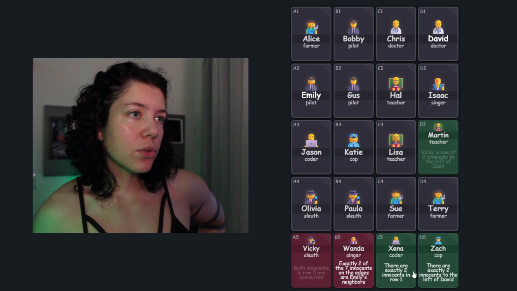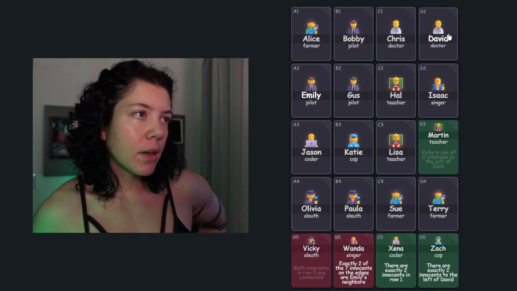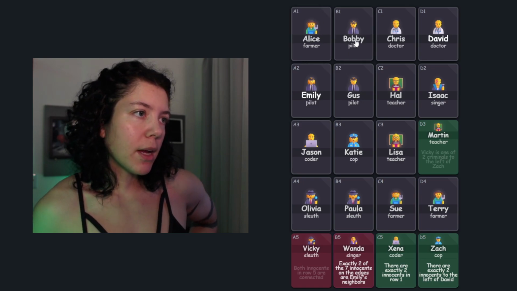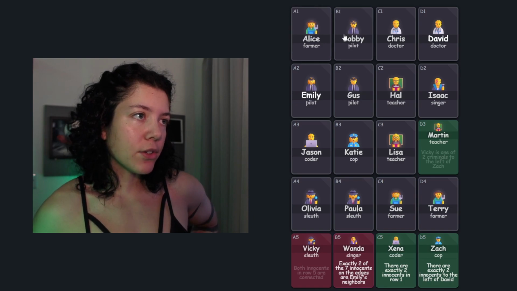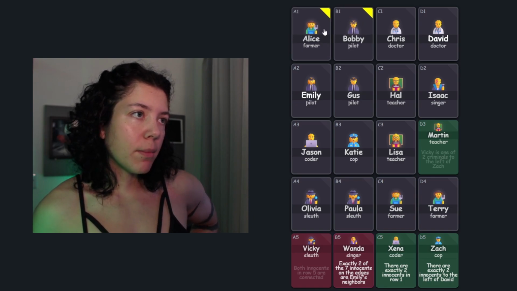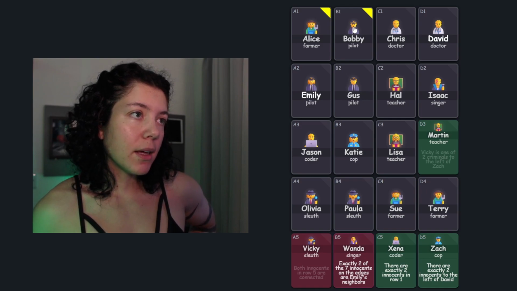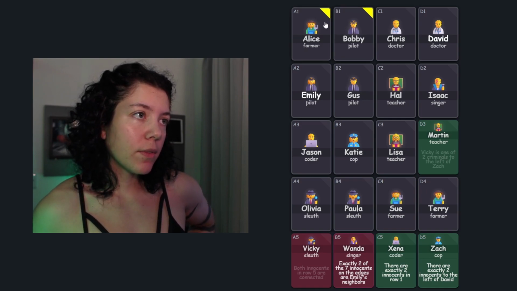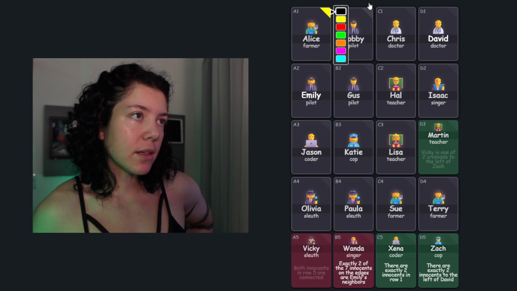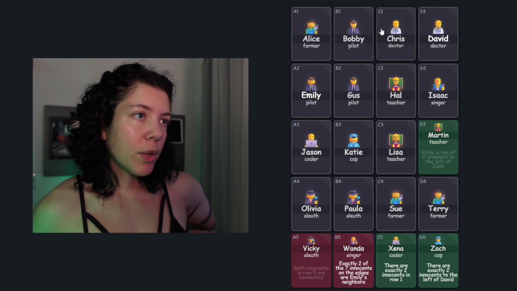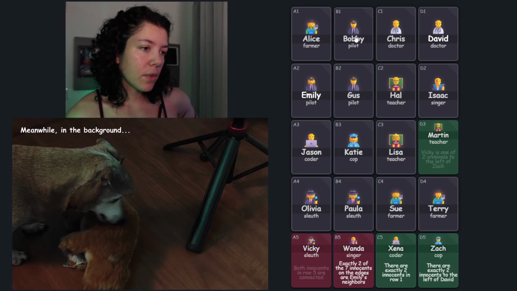Okay, so since we know that there's 2 innocents in row 1, and in row 1, there's 2 people that neighbor Emily, and these 2 people are on the edges, it could be that both of them are innocents. But it could also be that one of them is an innocent and the other isn't. What we do know, though, is that there are 2 innocents in row 1.